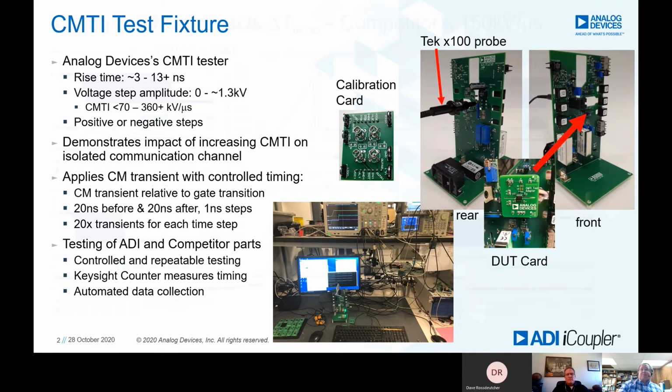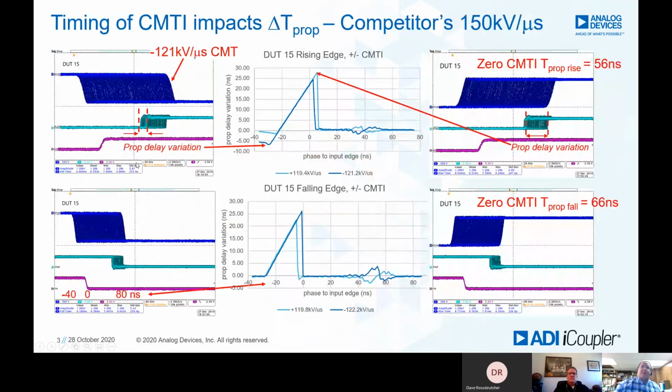So for example, here's a part where we have an input waveform, an output waveform, and then an applied common mode transient. The scope shots here are infinite persistence, so it's basically the same thing time after time.